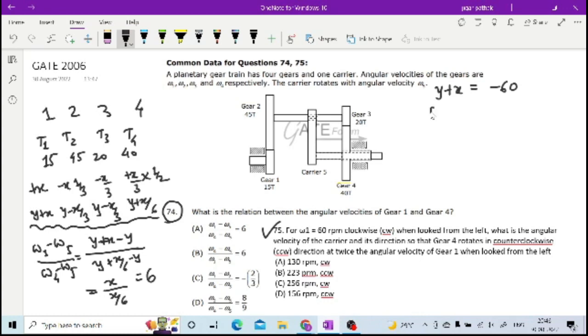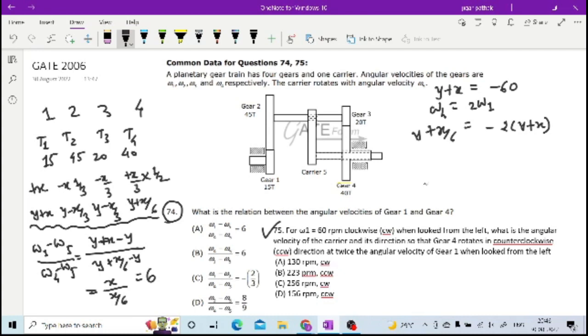And here again it is counterclockwise, so we will write it as negative y plus x by 6, it is omega 4. Here it is counterclockwise, so here 2y plus x, right?